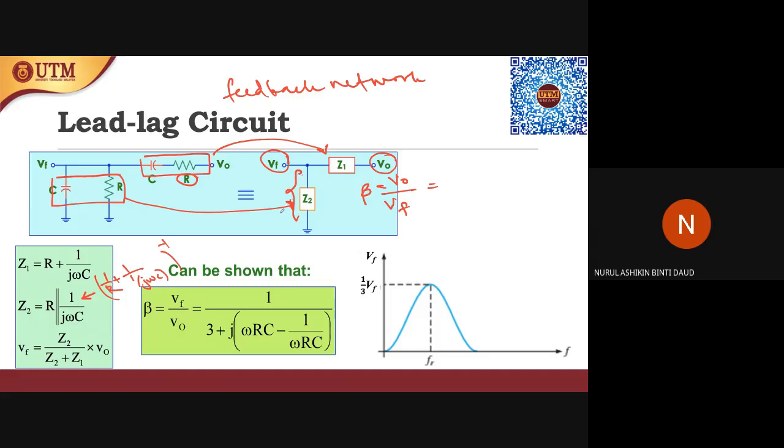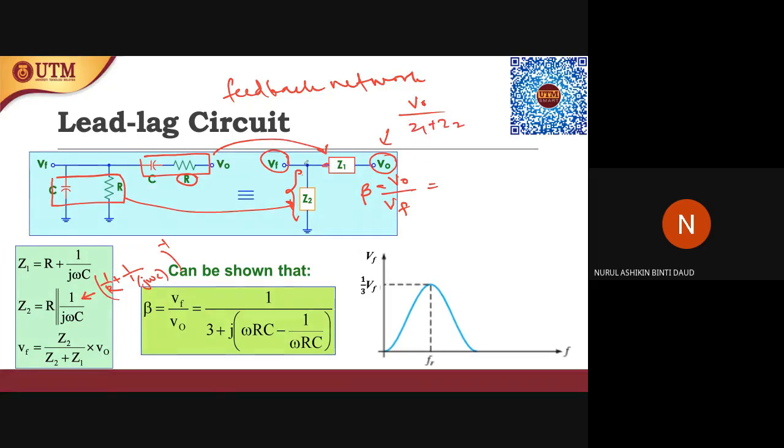The value of VF comes from the current that flows here, which is VO over the total impedance, Z1 plus Z2.